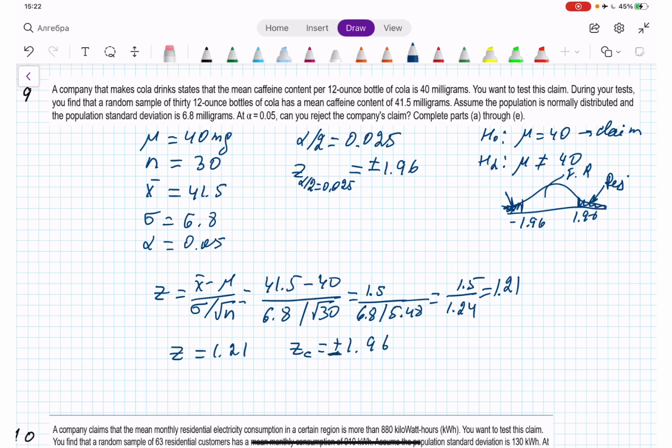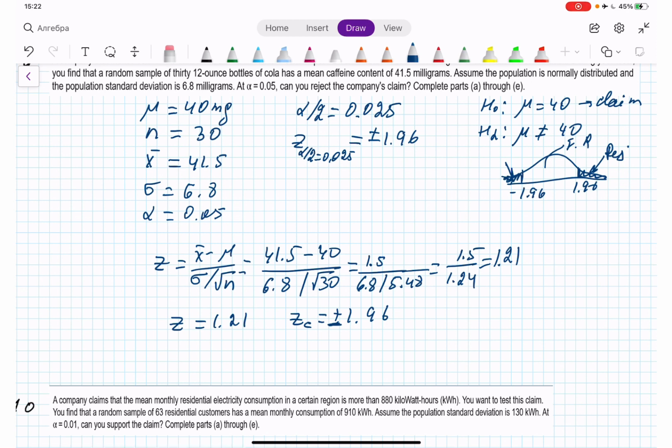It's falling right in between, right? That's why we are saying that there is not enough evidence to reject the company's claim. Okay, that's all.